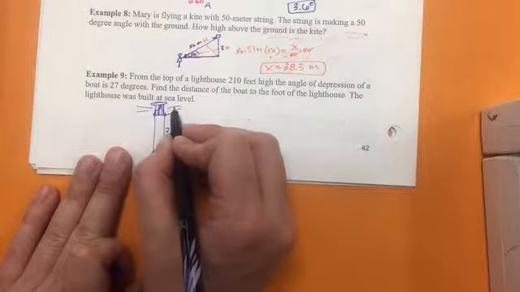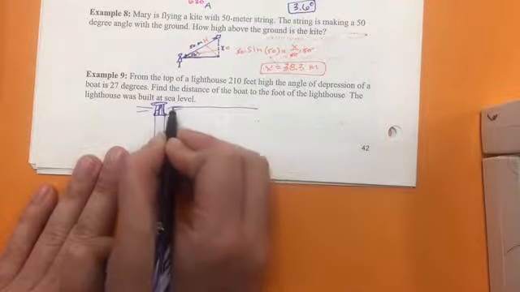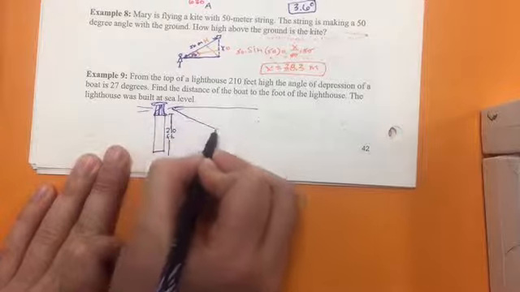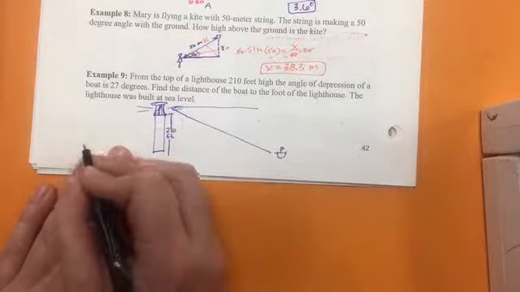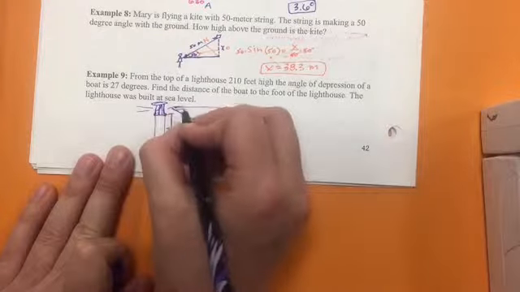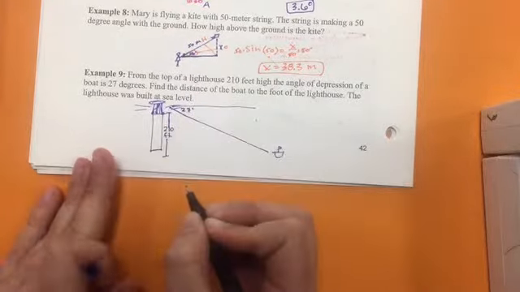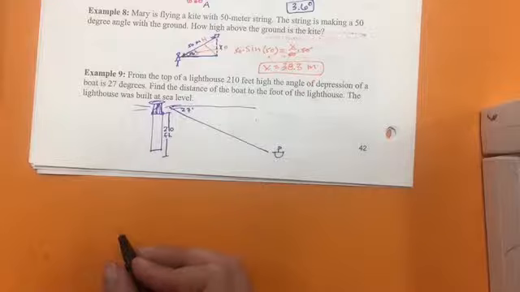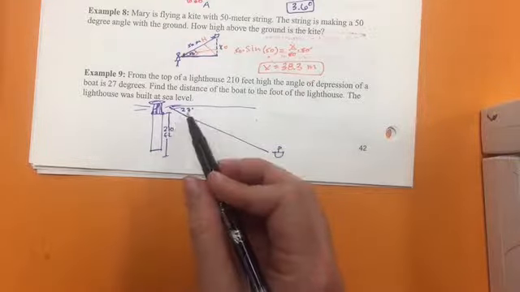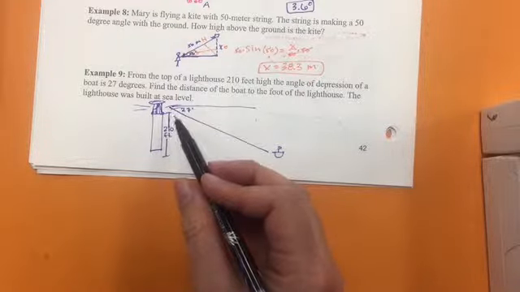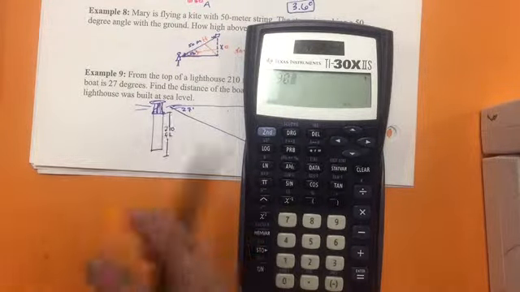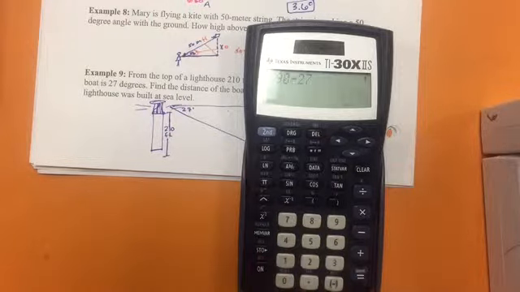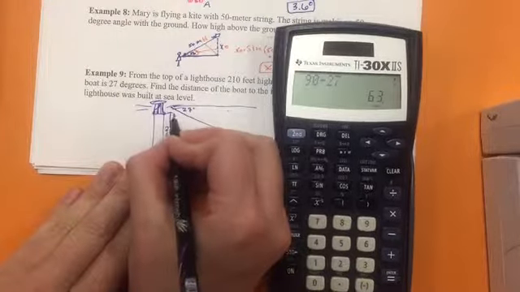From the top of a lighthouse, the angle of depression to a boat, here's my little boat. Depression means they're looking down, 27 degrees. 210, 27. I'm just going to find this so I can use that angle. 90, because it's 90 degrees in the corner, minus the 27 would give me 63 in this corner.